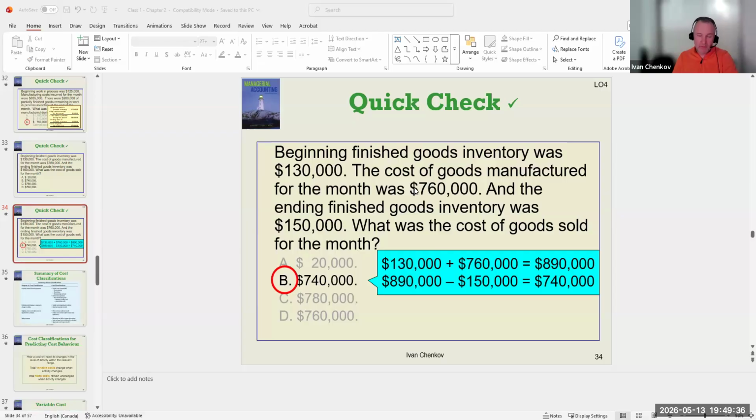We produce finished goods for $760,000. Our cost of goods sold is 740,000. Are we selling what we produce? So yes, we still have 20,000 left.